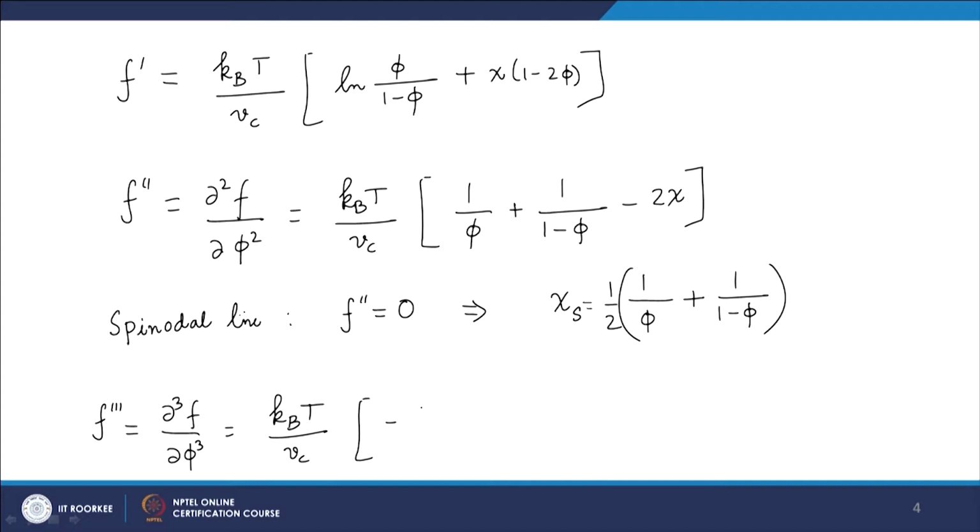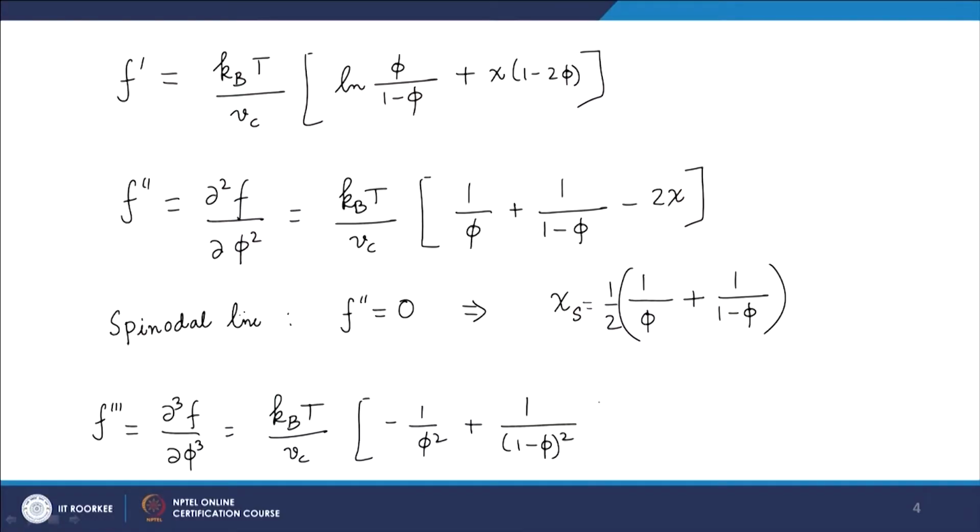So this has to be minus 1 by phi square plus 1 by 1 minus phi square. There is a cancellation of minus signs. This has to be equal to 0 at the critical point.